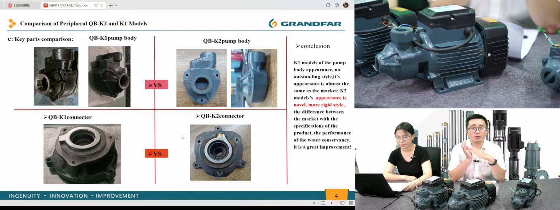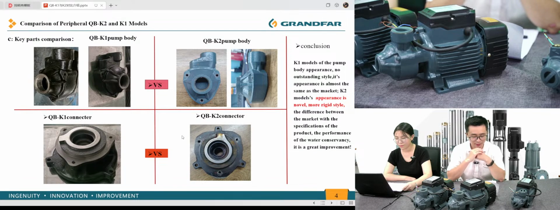And we moved the QB series to the next level with the upgrade. The second difference is the connector. We can see the connector on the left picture is larger than the right one, so it makes the new product look more convenient and more efficient.